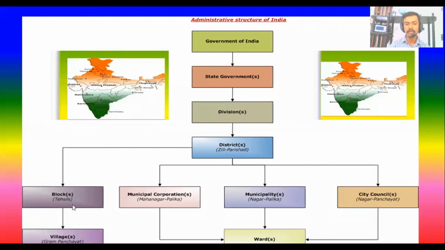Look at this: block, taluk, and villages. Then municipalities, municipal corporations, city council. So these are urban. The municipalities are urban. Here, block and villages are rural, which means villages. So this is a way to govern the society by the Indian government.